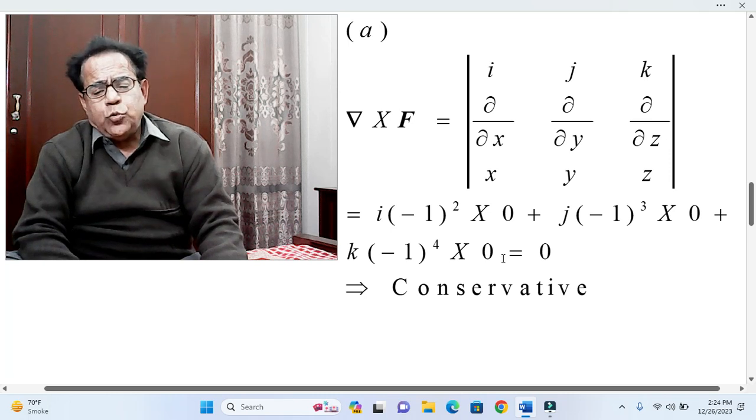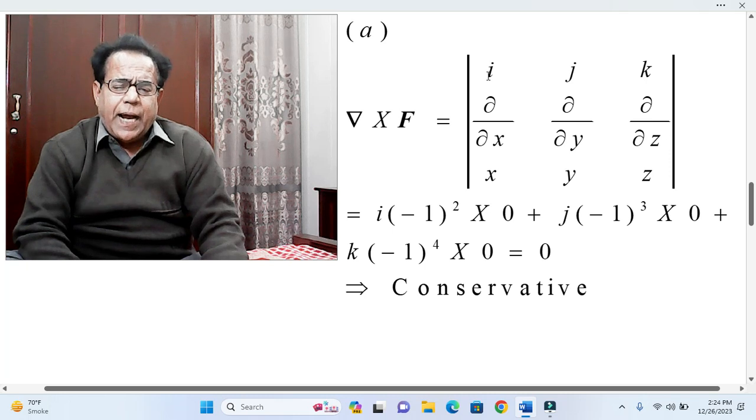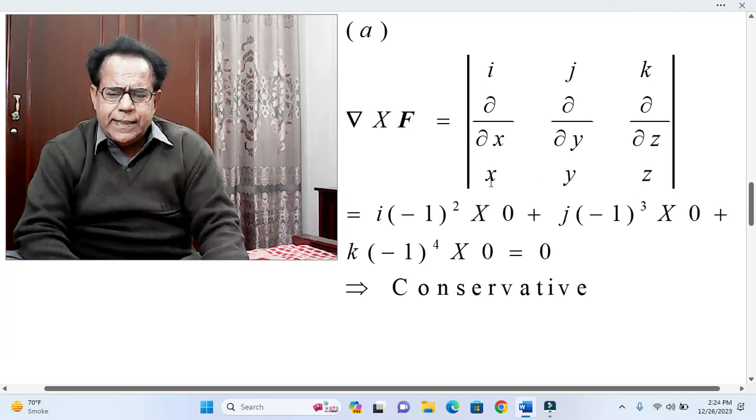Actually, dear students, usually we do not write this and we directly write i minus j plus k. For i, the first column and first row are assumed to be omitted, and we multiply these minus these. Minus j: second column and first row are treated as omitted, and then we multiply this minus this.